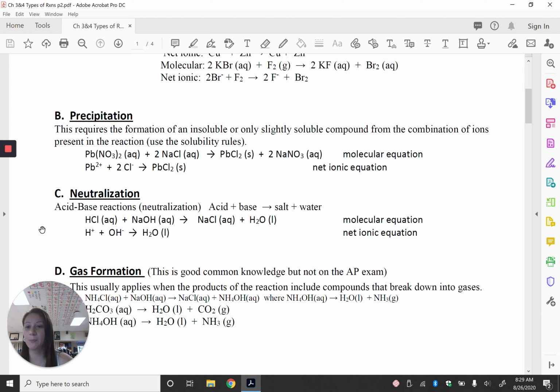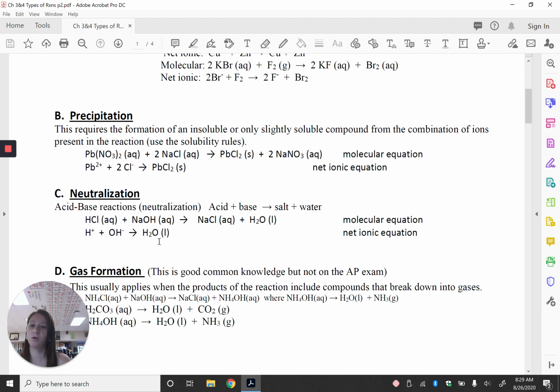The last type that you need to know for the AP exam is neutralization. And we studied this last year as well. So neutralization is kind of a type of double replacement where you have 2 compounds, you form 2 new compounds, they switch partners, but it's special because one of your reactants is an acid, it starts with an H, the other one's a base, and when you form your products, one of the products is a soluble salt, the other one is liquid water, and liquid water is covalently bonded.